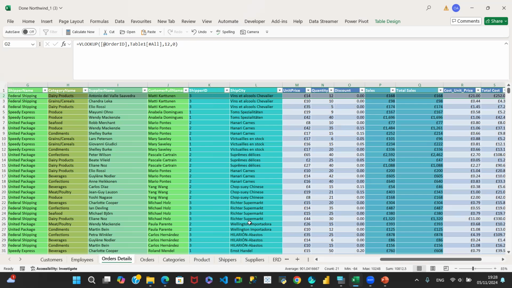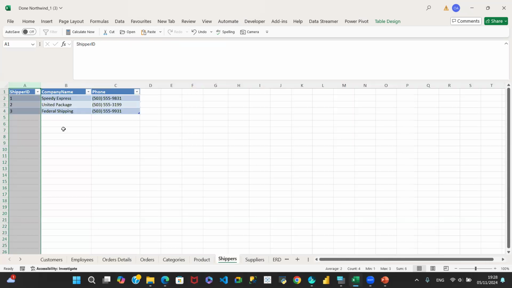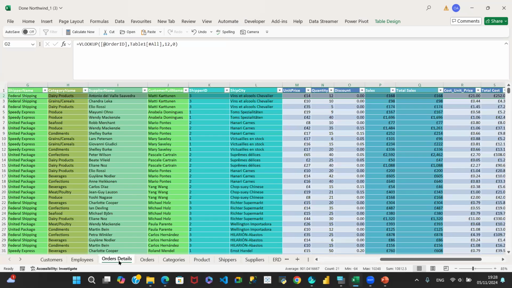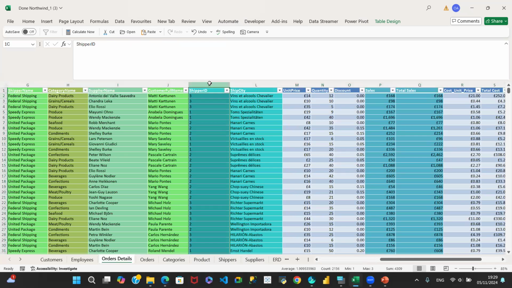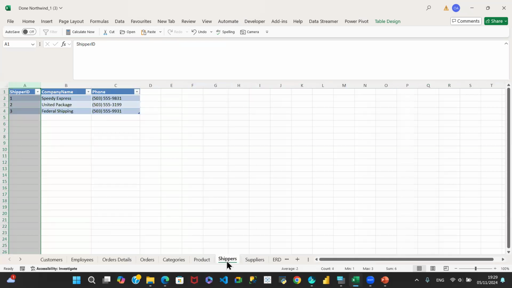For example, shipper ID, which was a primary key here, when it gets to any other table that is not shippers, we start to call it a foreign key. When shipper ID was on the shippers table, it was unique to this table, so it's a primary key here.